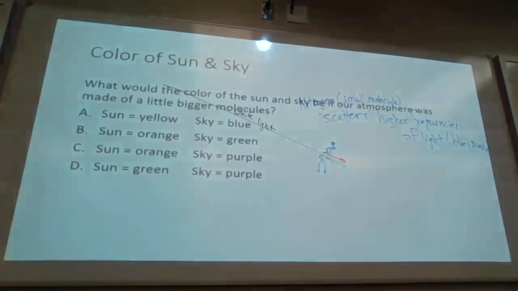All right, so what would happen if our atmosphere was made up of something bigger than nitrogen? The larger the molecule, the lower the frequency of light that is scattered. The bigger the molecule, the lower the frequency of light is scattered.